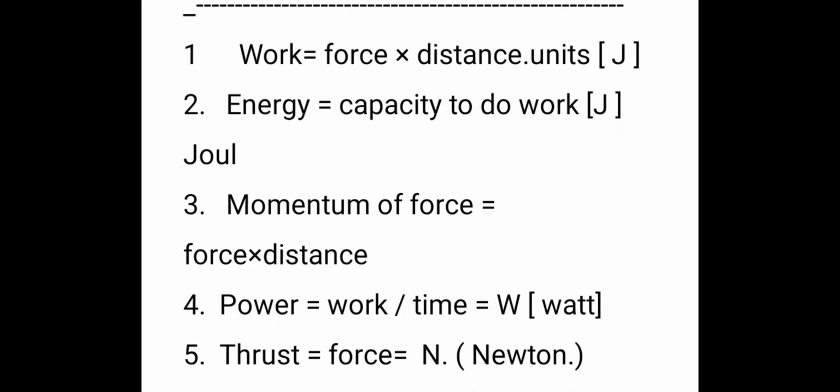Next one, energy. Energy means the capacity of doing work. The unit is also joules. Sometimes there is a question about which two have the same units. That is work and energy, both have the same unit, joules.